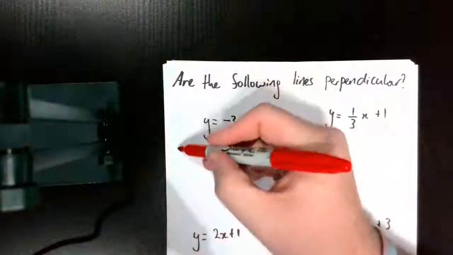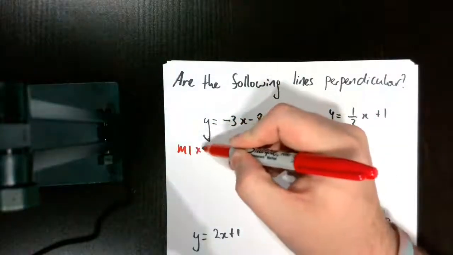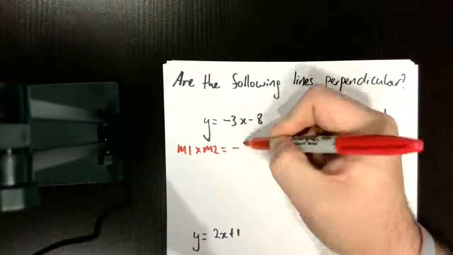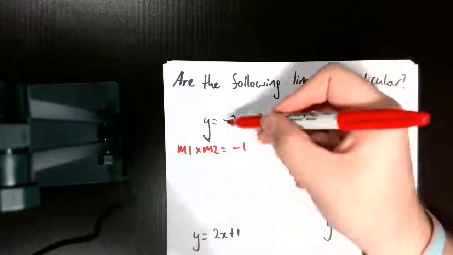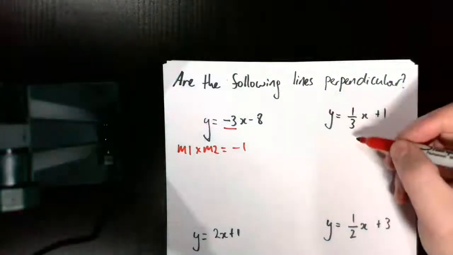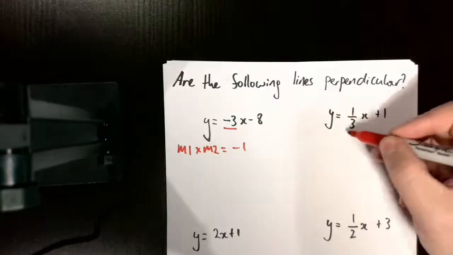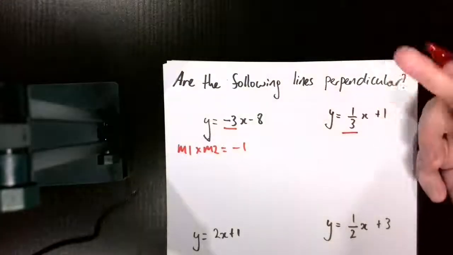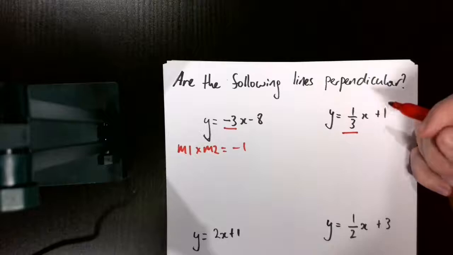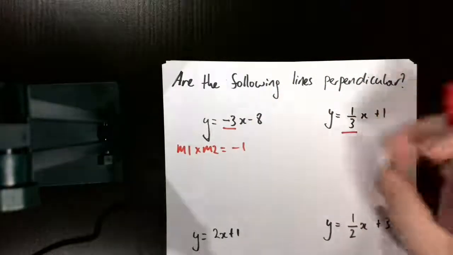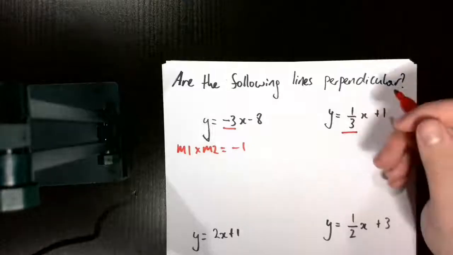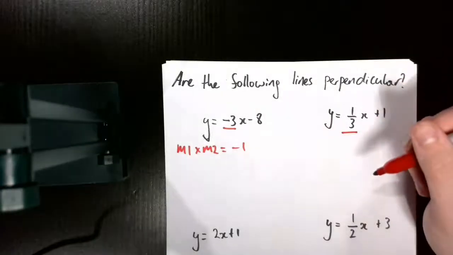Remember the rule was that if we multiply gradients together and the lines are perpendicular, our answer should come out to be -1. If we look at the gradient of this first line, it's -3. And if we look at the gradient of this second line, it's 1/3. So if we multiply these two gradients together, for these to be perpendicular, we should end up with our answer being -1.